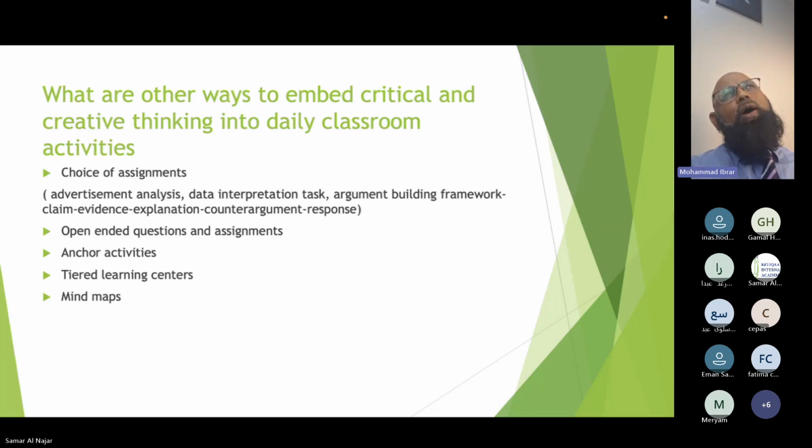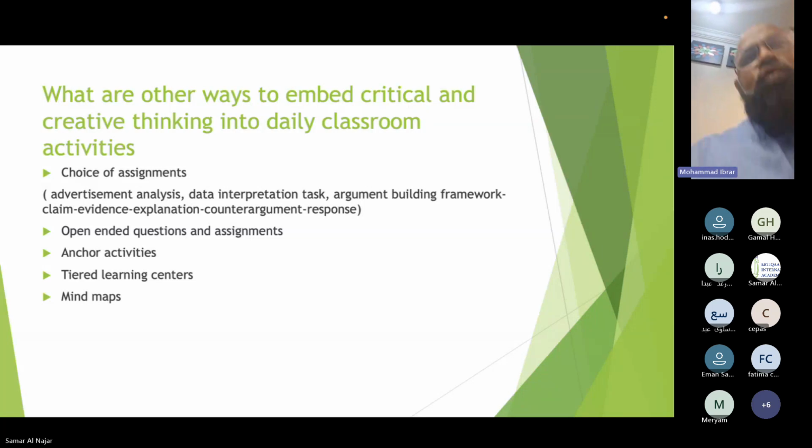Is this advertisement meant for older people or maybe young people? Why are they trying to appeal like this? Why are they trying to show it like this? So when you show pictures and then you ask some questions, it stimulates thinking in students. So students are bound to think. And this is how you promote critical thinking in students.